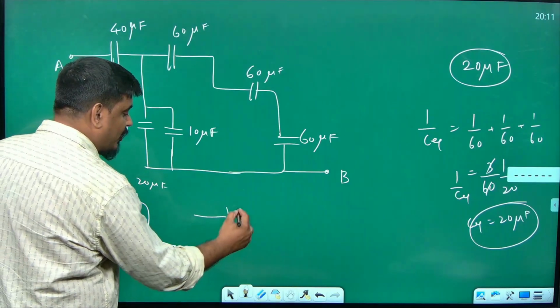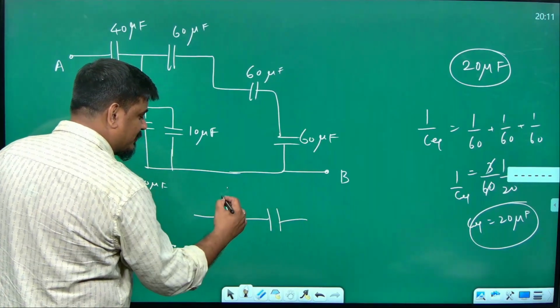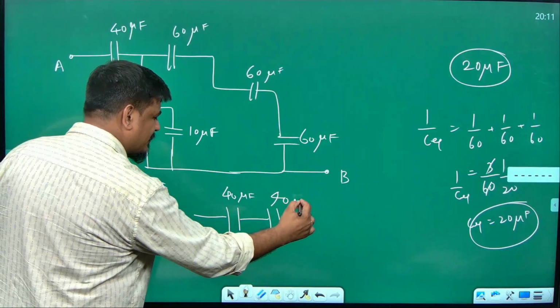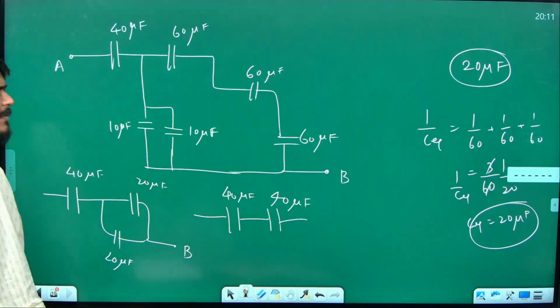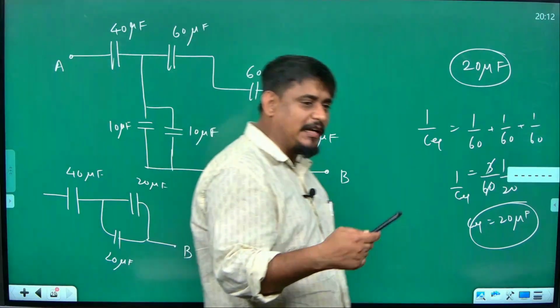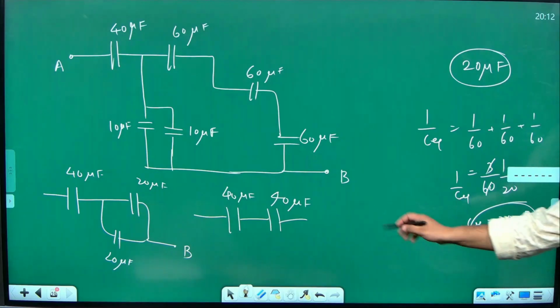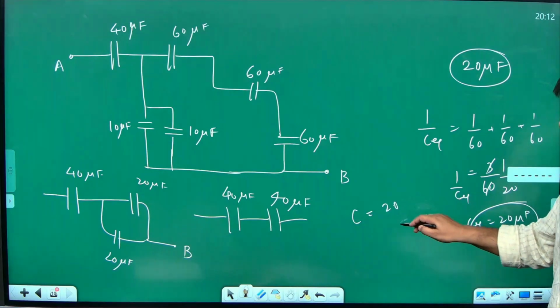So you are going to have 40 and 40 in series. Simple question. So 40 and 40 in series will make it 1 by 40 plus 1 by 40, which will become 2 by 40, which is 1 by 20. So answer is 20 microfarad.